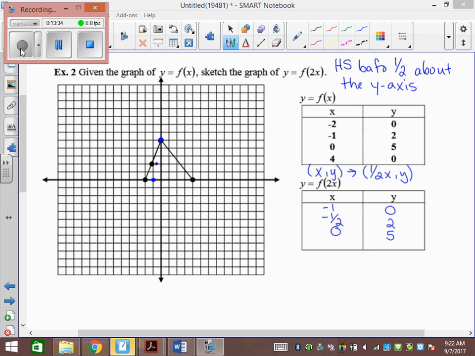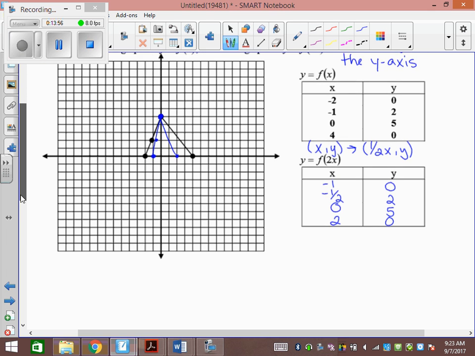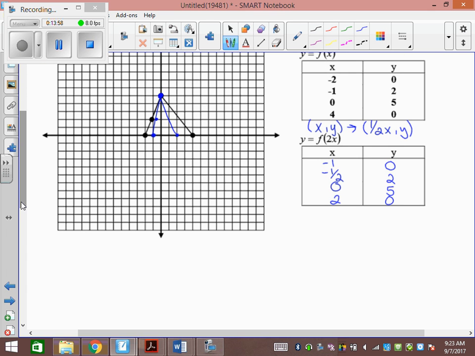So this one is invariant. Oh, my straight lines are terrible today. And then, no, 4. 4 times a half is 2, and 0. Make sense?